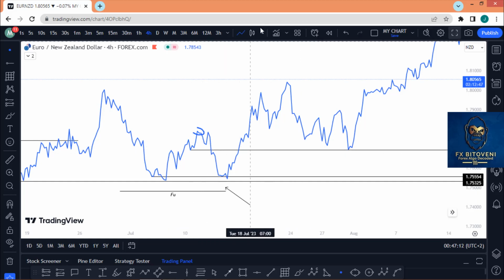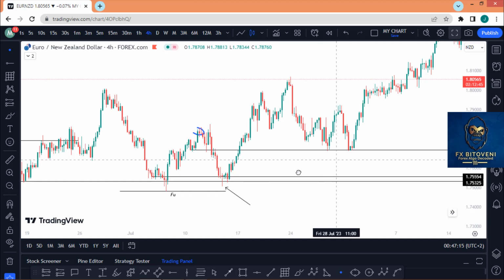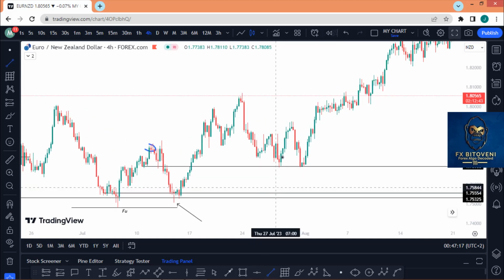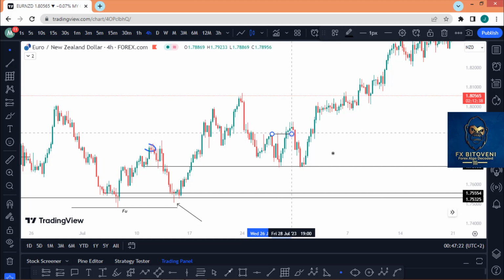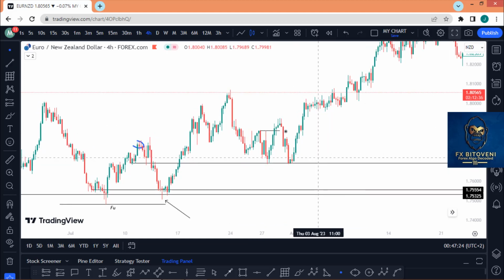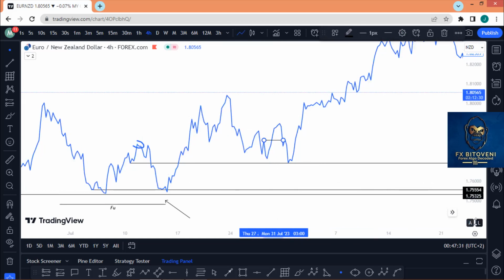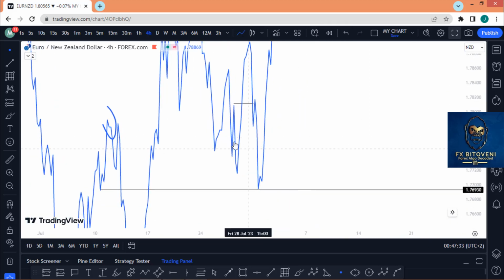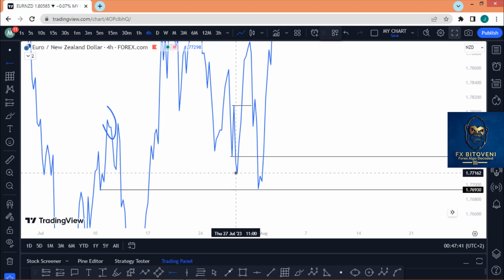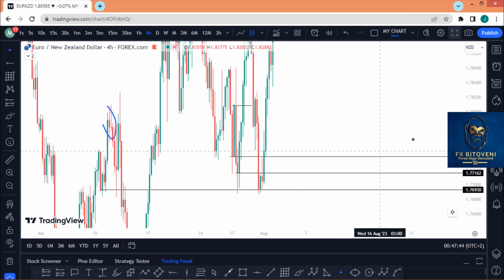After reacting to this level, it creates a break. The market broke this level here on the line chart, meaning this is your invalidation point here, and this is gonna be your rejection block.